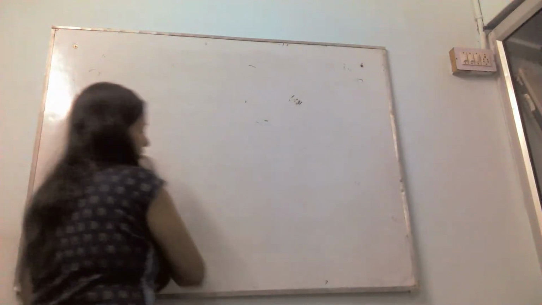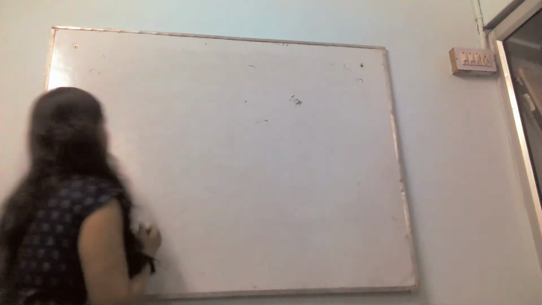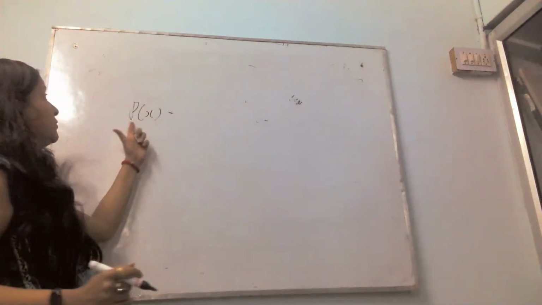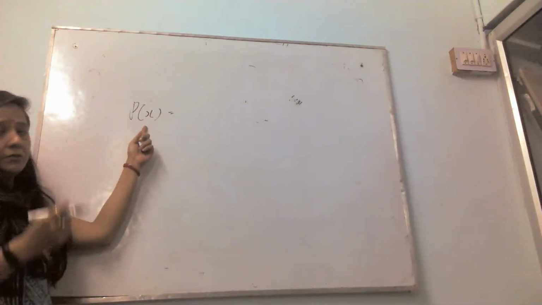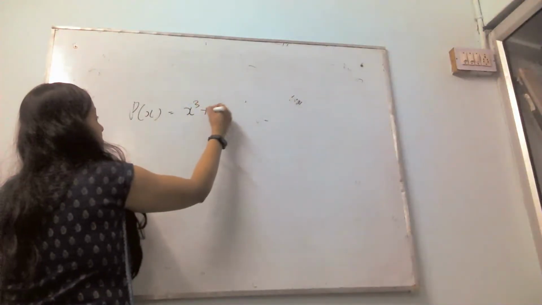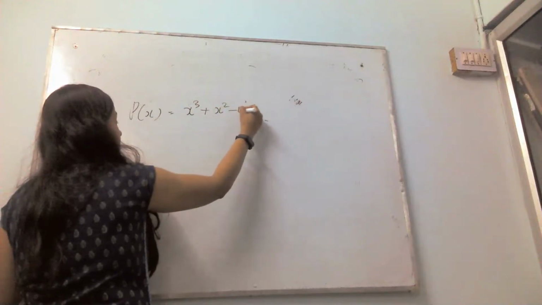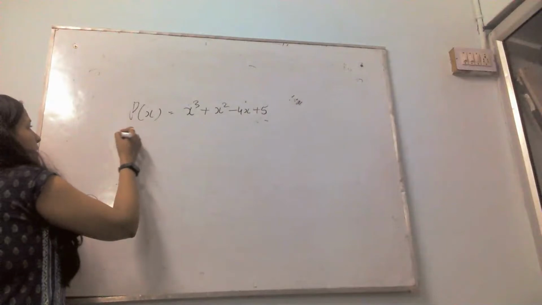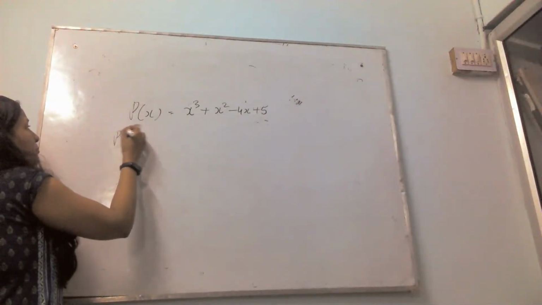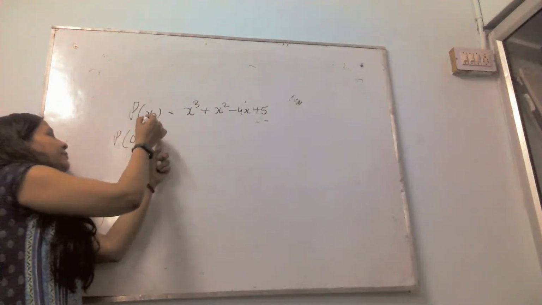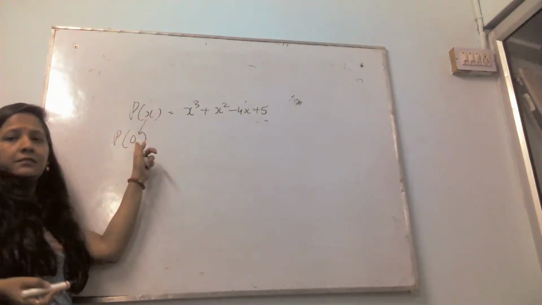For example, we have a polynomial p(x), where p is the name of a polynomial in the form of the variable x: x cube plus x square minus 4x plus 5. It says find the value of p(0). What does it mean? We have to take the value of x as 0.